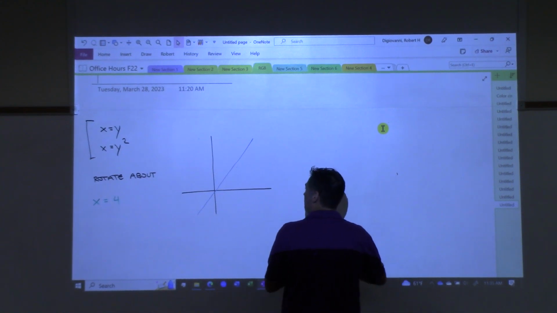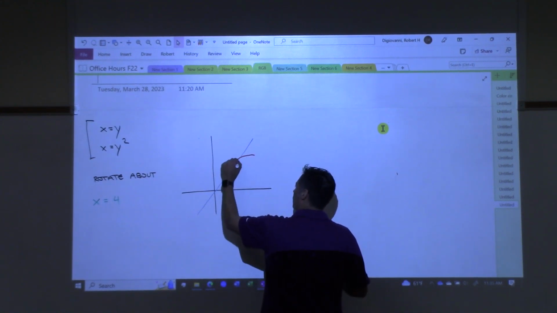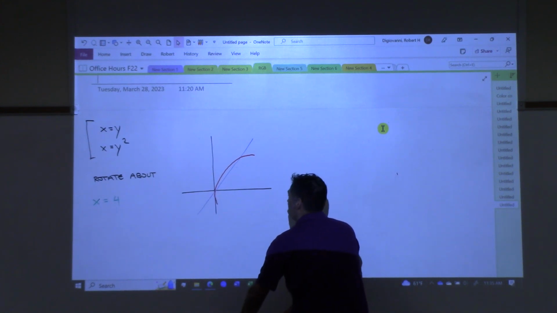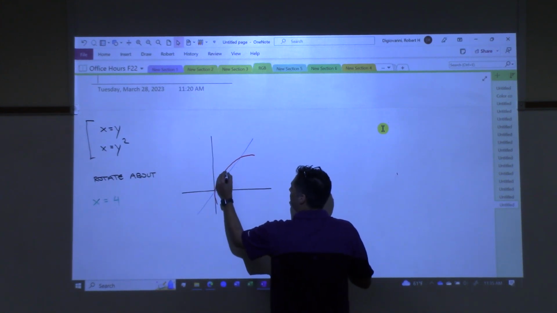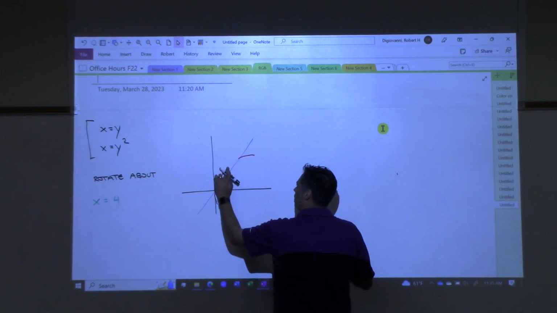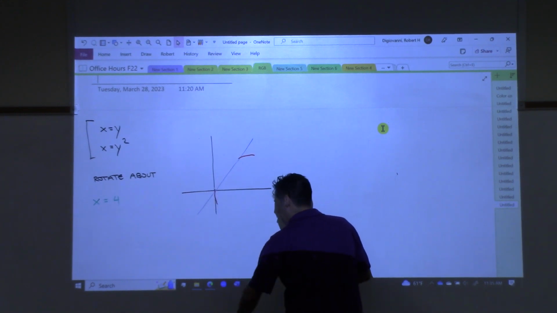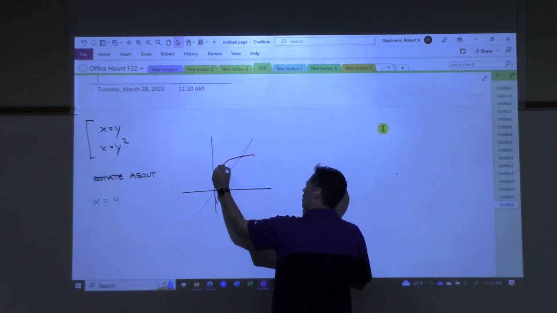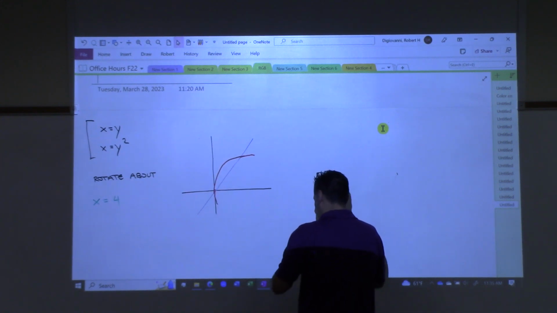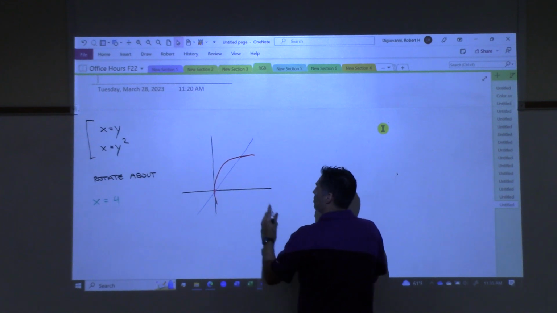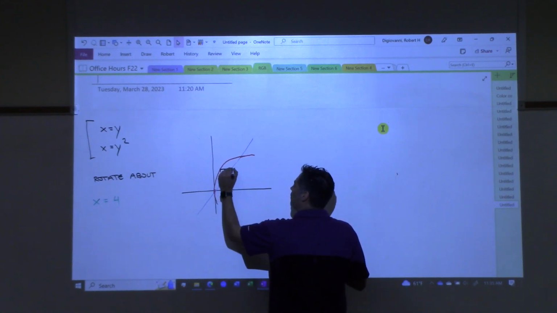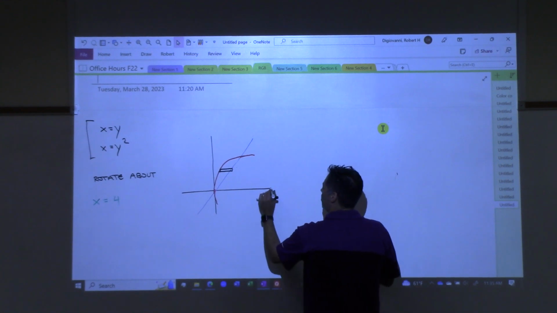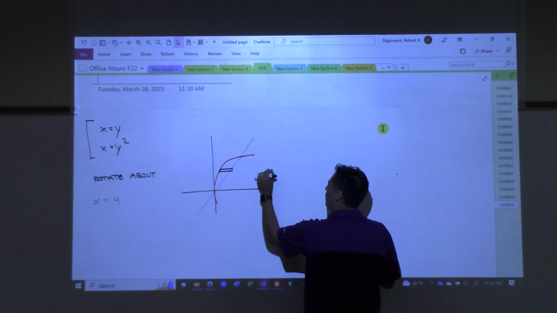The red one was the parabola. Whoa, my region got really small there, sorry. My rectangle, I don't like that. Let me exaggerate a little bit so I can get a good rectangle in there. Okay, so I have my rectangle this way, and I'm rotating about x equals 4, which will be somewhere over here.